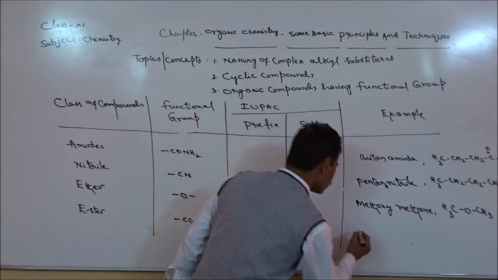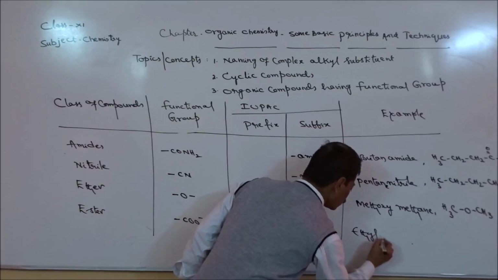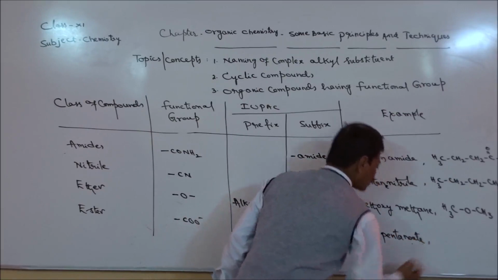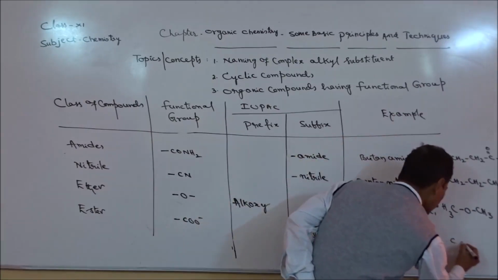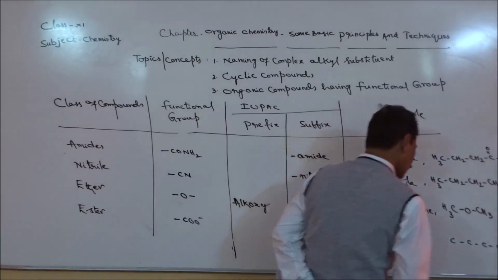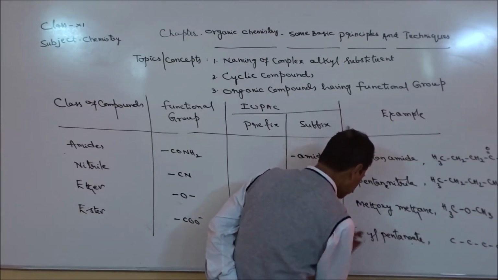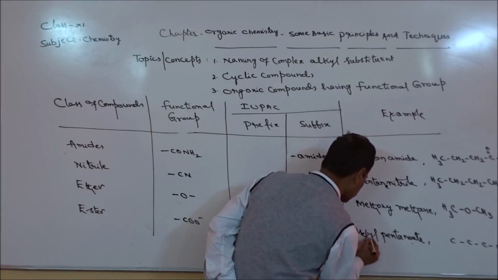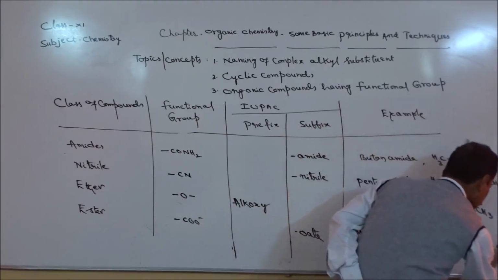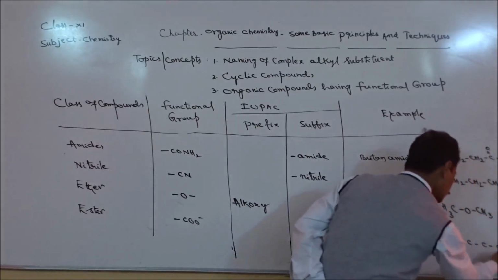Example for this is ethyl butanoate or ethyl pentanoate. The structure is 1, 2, 3, 4, 5. Pentanoate, derivative of pentane. And ethyl or you can write even methyl. Let me take methyl pentanoate. COOCH3. 1, 2, 3, 4, 5.